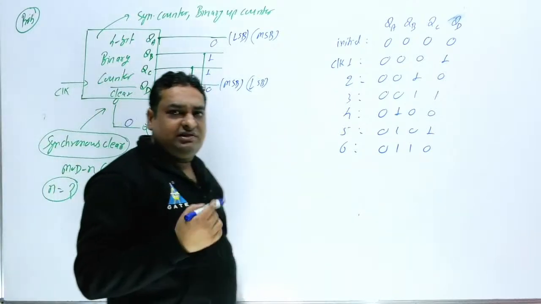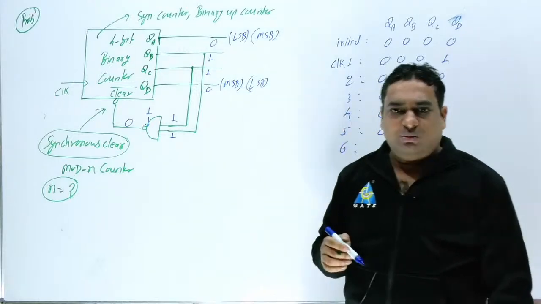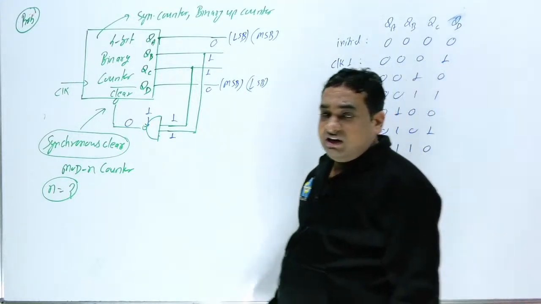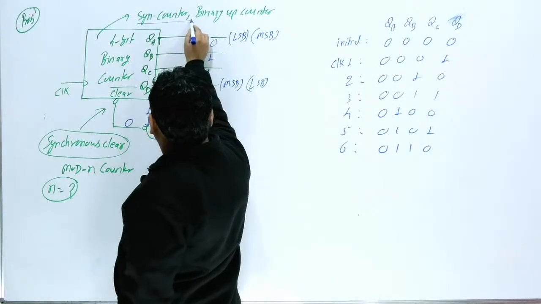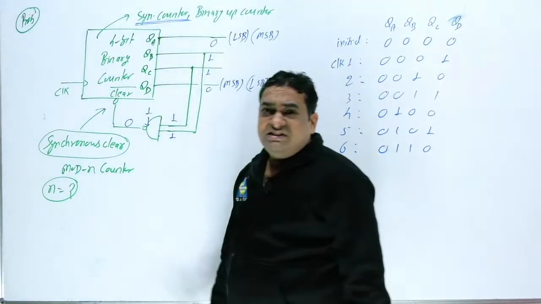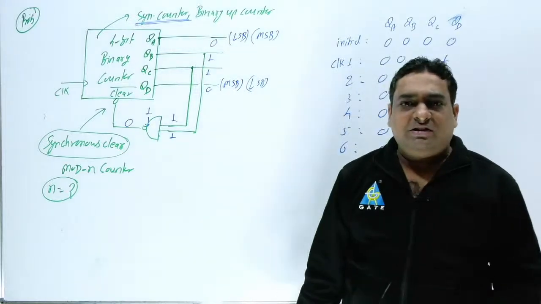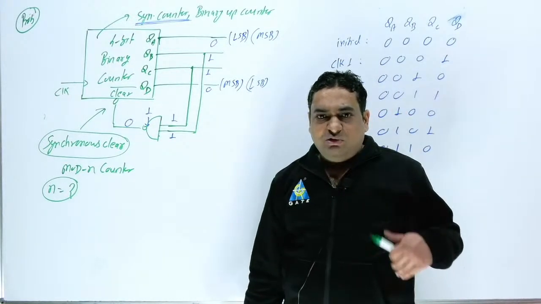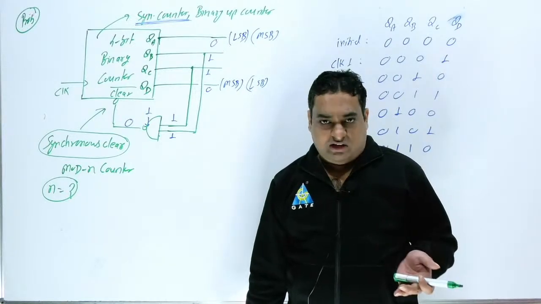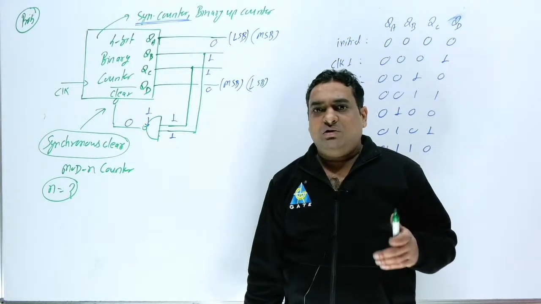But this is a synchronous clear. What do you mean by synchronous clear? And they have mentioned here a synchronous counter. So in general, again I am saying, in 99% of cases, if we are using a synchronous counter, we will use a synchronous clear.